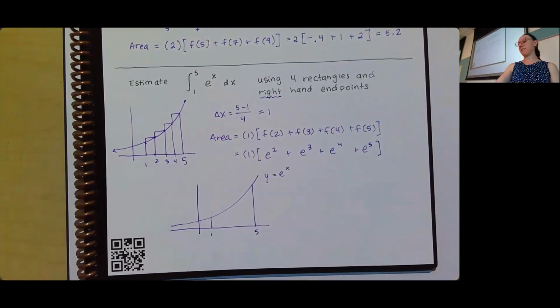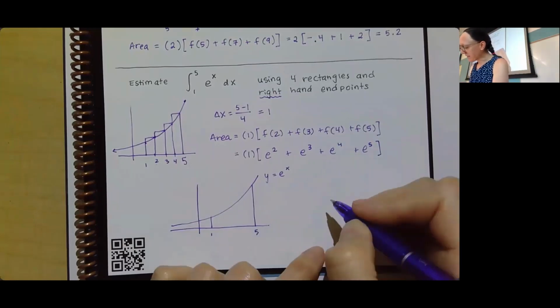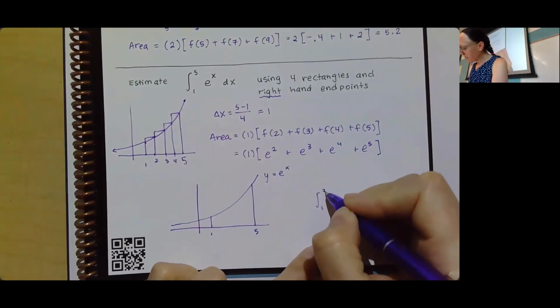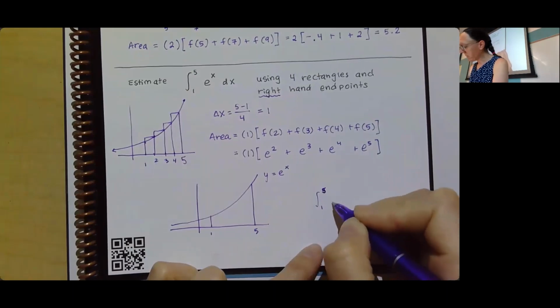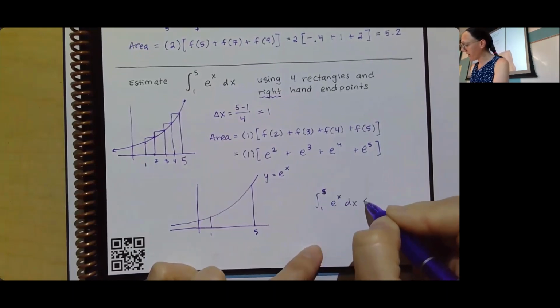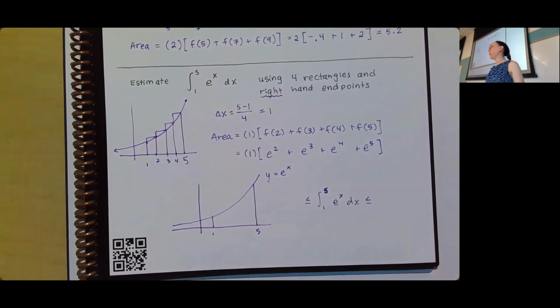And the only thing that the max-min theorem is telling us is that if I wanted a not very good estimate for what the value of that integral is, I could use one rectangle.